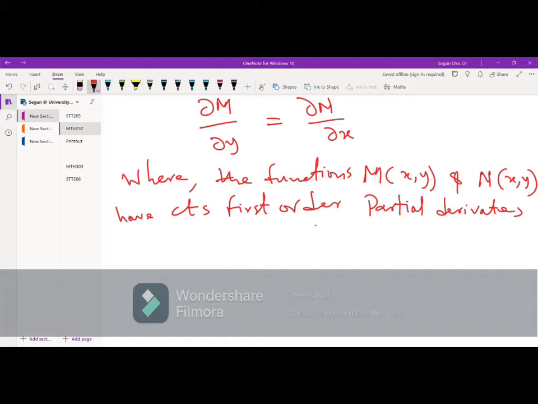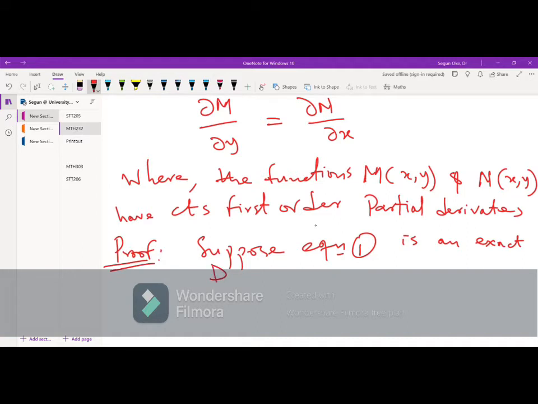If you want to prove this, the proof will be: suppose equation 1 that we defined above is an exact differential equation.